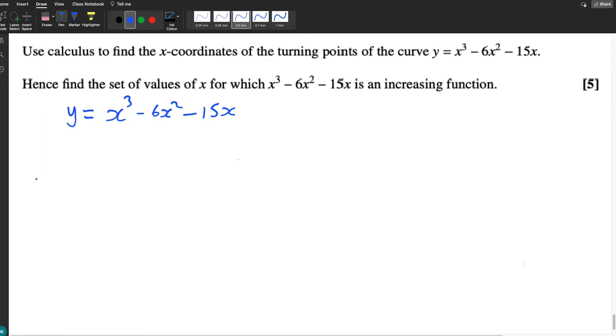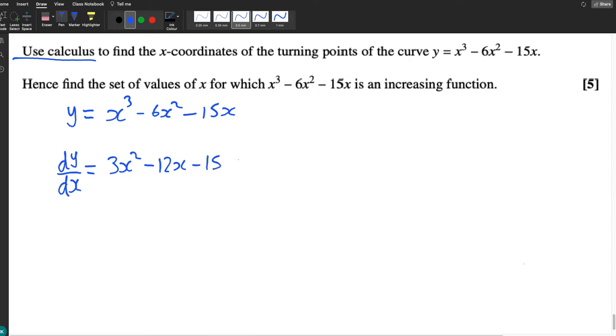Okay. So quite a few ways we can go about doing this. Well, first of all, to work out the turning points, we know that you can do dy dx, especially when it says use calculus, which equals 3x squared minus 12x minus 15.